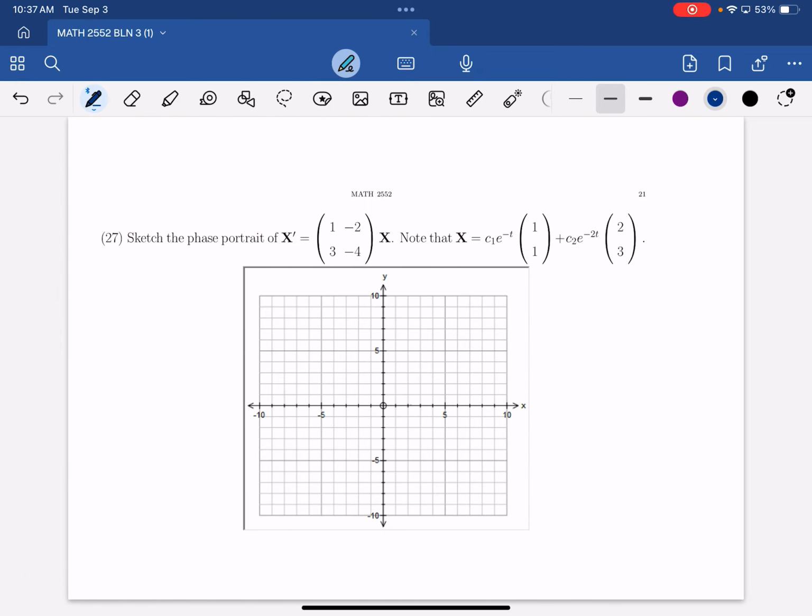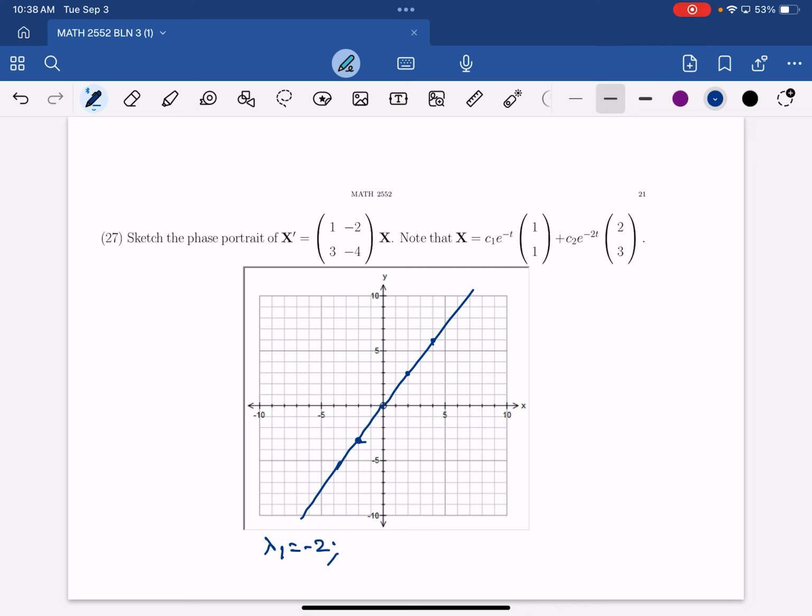So you're going to go rise 3, run 2, and also negative 3, run 2. So I'm going to get something like this. Okay, the rough sketch. This pretty much is my sketch for the eigenvector for lambda 1 equals negative 2. Do you agree with me on that? Yes or no?